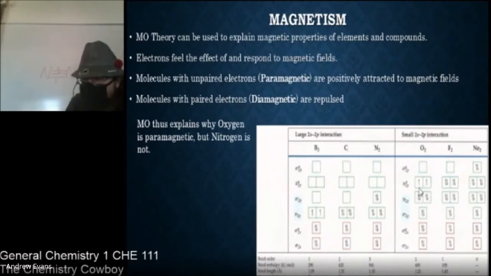Now, because of these being p orbitals, we see these are unpaired. So let's break it down. Bond order 2, so 1, 2, 3, minus 1 is 2.